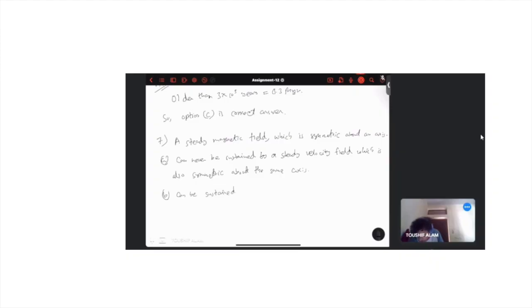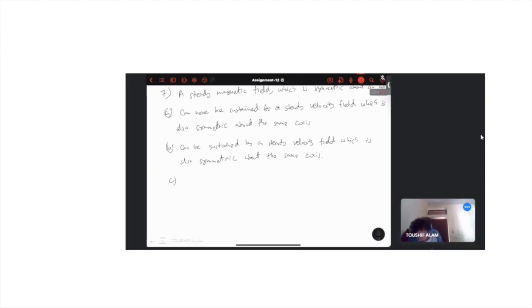It can be sustained only with the velocity field that is not steady.